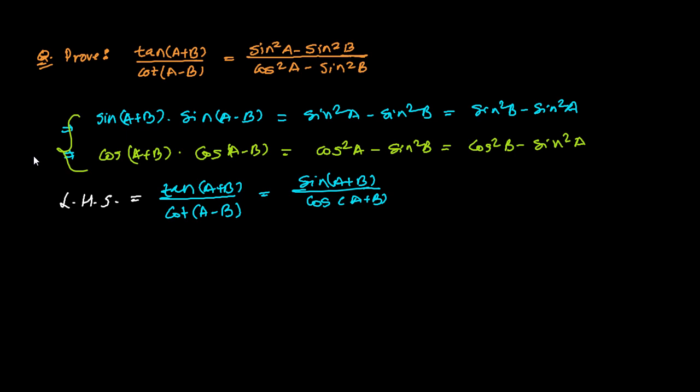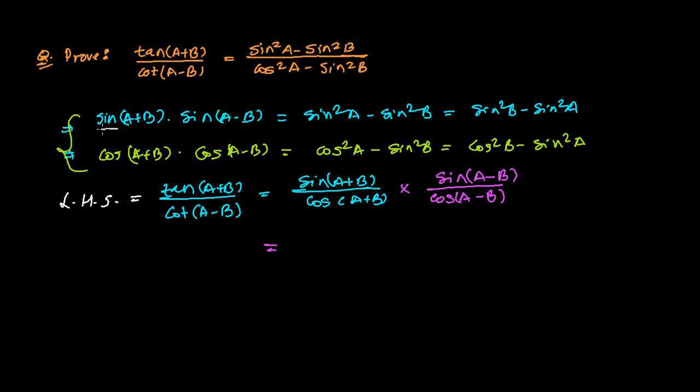That was for the tan. And cotangent is the ratio of cosine over sine, so cos(a−b) over sin(a−b).